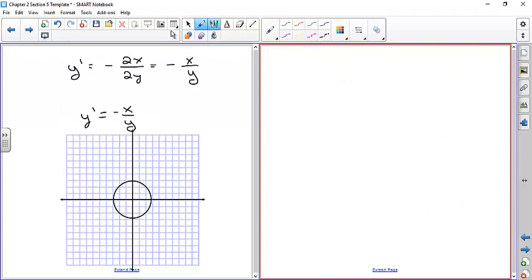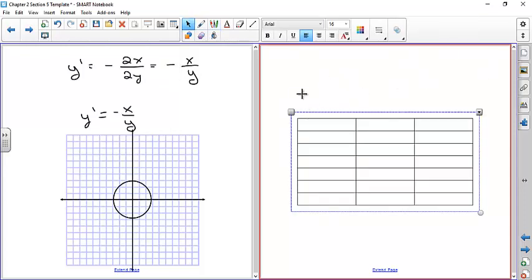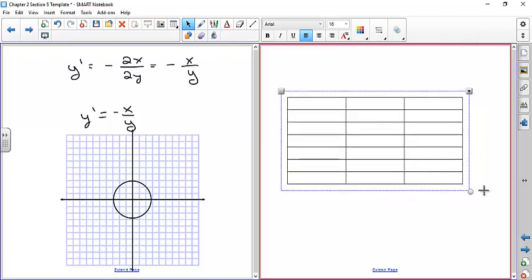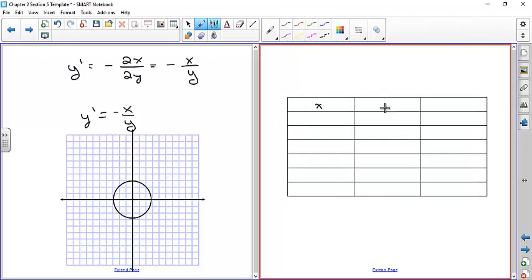We're going to make up a table where we plot x and y and then the slope. Let's see what happens. We'll pick the easy ones first. Okay, so x, y, y prime.